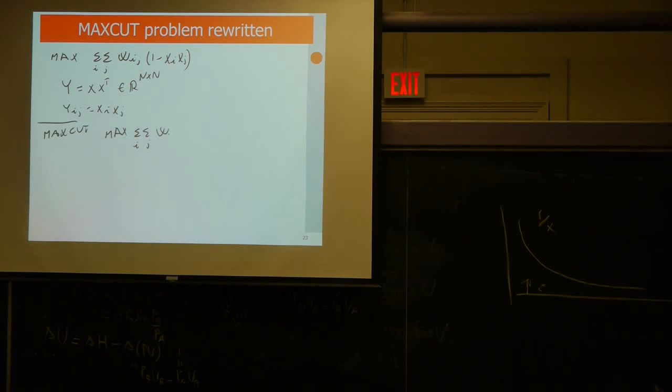This is the double sum of Wij minus the double sum of Wij xi xj. And what is this expression, if I want to use the matrix inner product notation? Yeah, this is the inner product between W and Y.